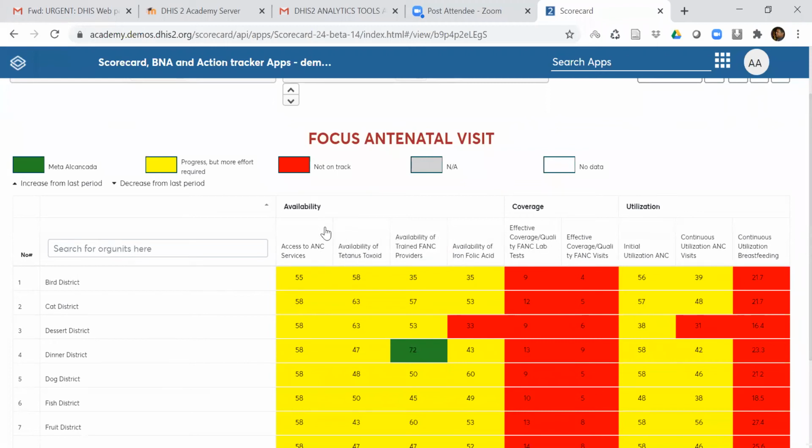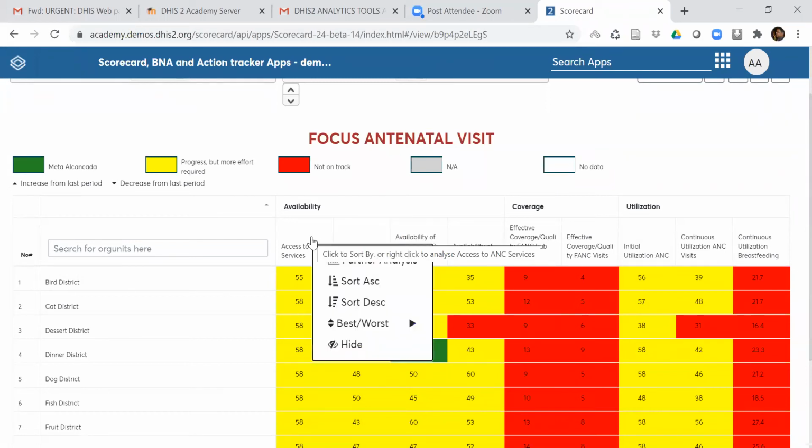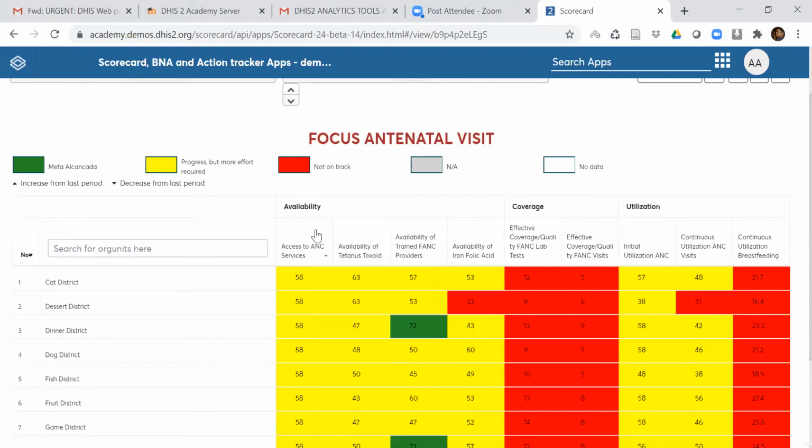Once you move on that symbol, it will say that this has some related indicators, and you can explore those by clicking on that. Here it won't allow, because I don't have related indicators. If I have related indicators, it is not actually a drill down, but it's like a related analysis. So that is everything about drilling down.